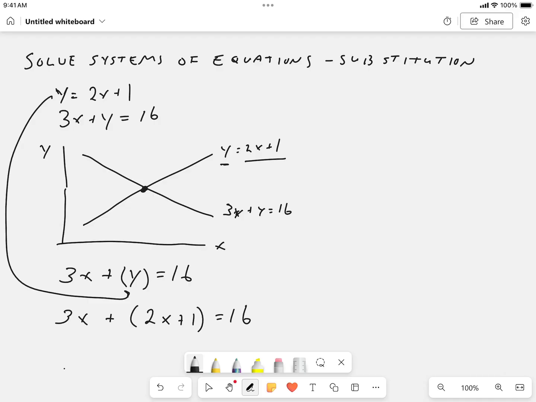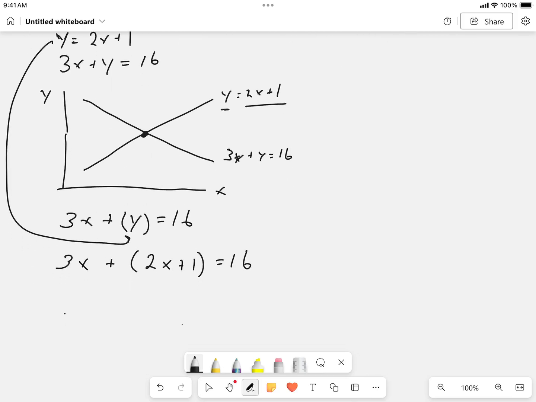So now what we see is I have substituted the value of y with something that is equivalent to y by definition, because it says equal up here in the top, and now I have this equation. Now I'm going to just solve this out and just do the math. I don't need the parentheses here.